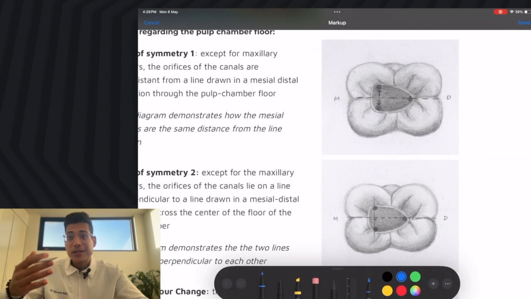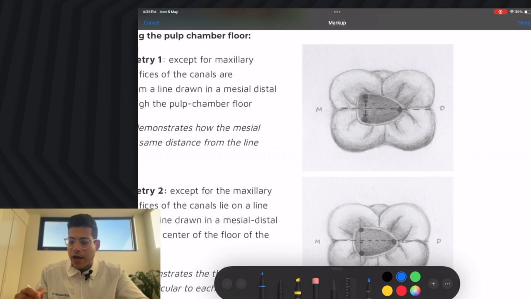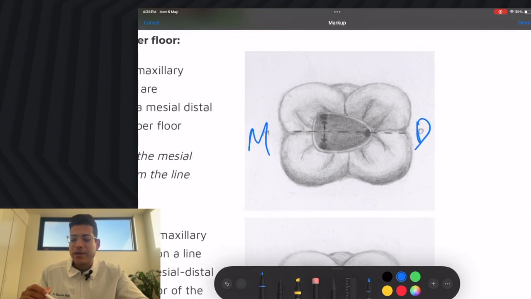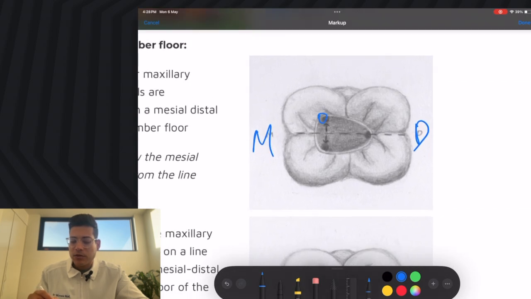Normally you have mesial canals and then distal canals. Generally you have a mesiobuccal and mesiolingual, and then you'll have a center canal, which is distal. If the canal is coming in the center of the tooth, then it's one canal, which is distal.